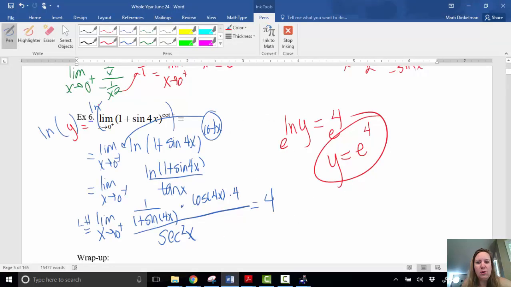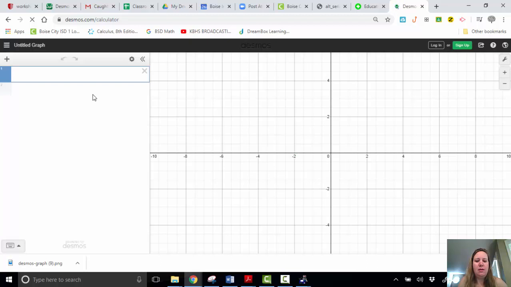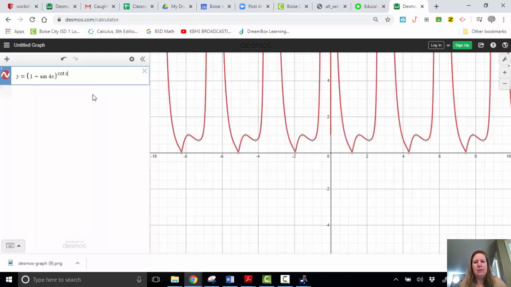I have to look at it again. It wasn't natural log to begin with. 1 plus sine 4x to the cotangent x.